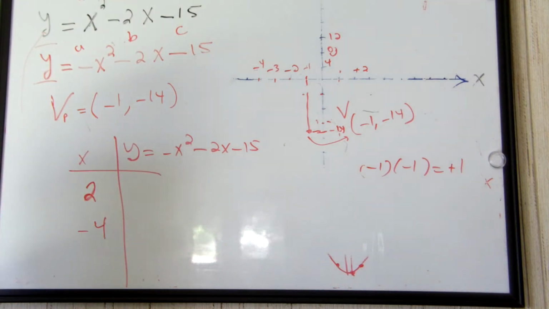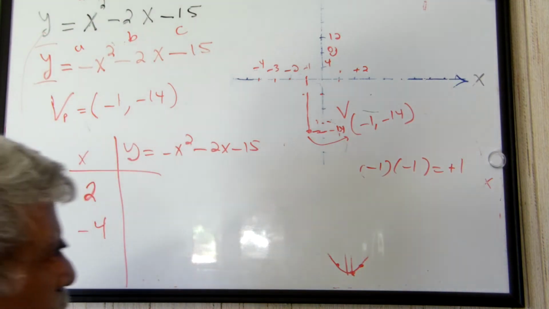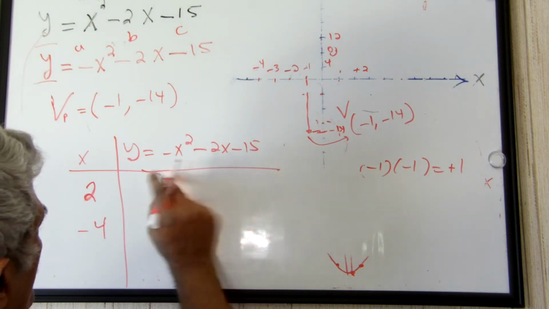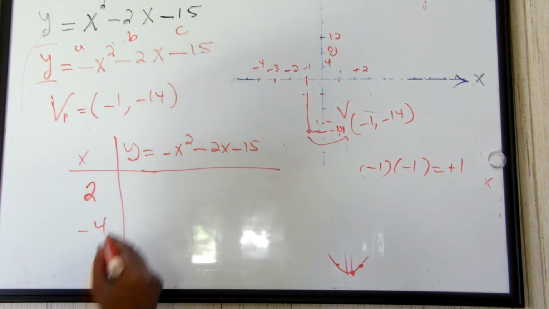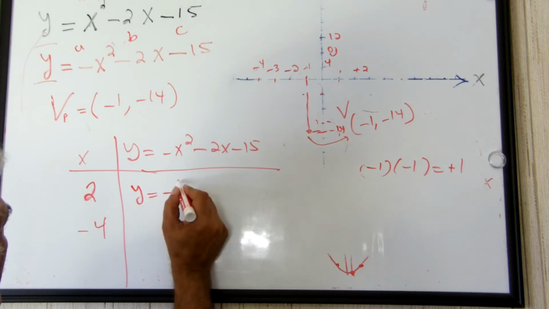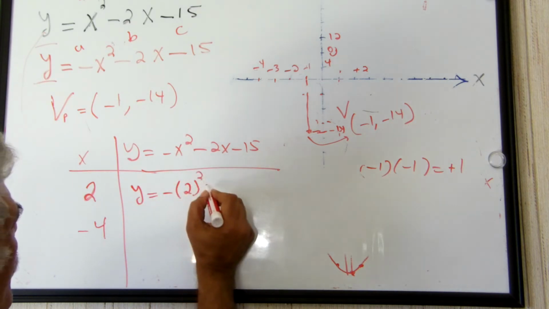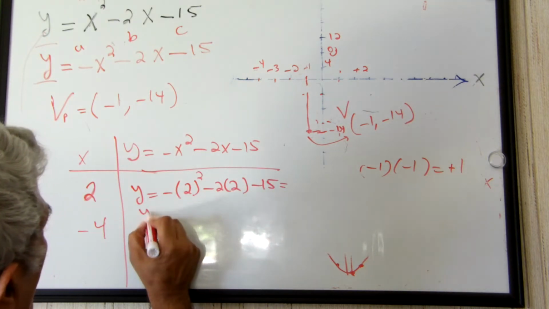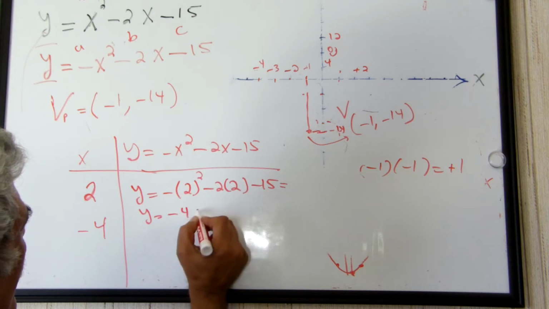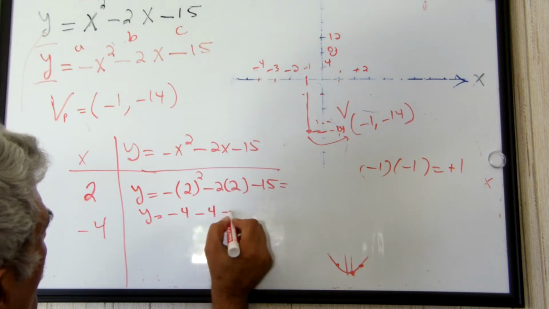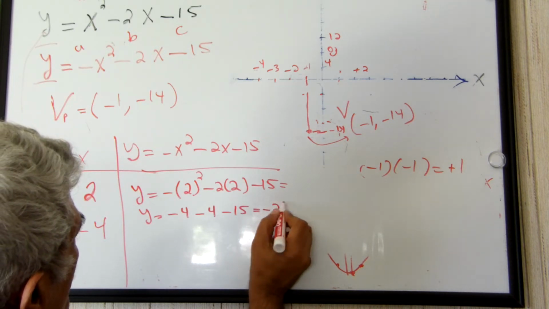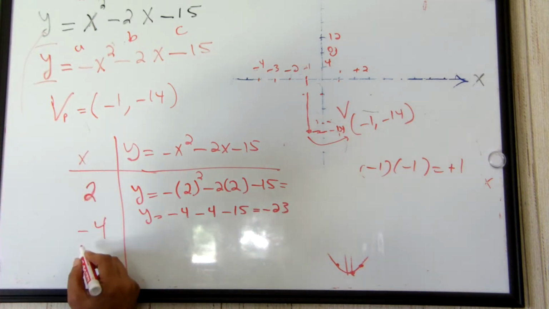Then find the value of y. When you have the points, you locate them and connect them together, and you see how the graph looks. y is going to be minus 2 to the power of 2, minus 2 times 2, minus 15. That is minus 4, minus 4, minus 15, which is minus 23.